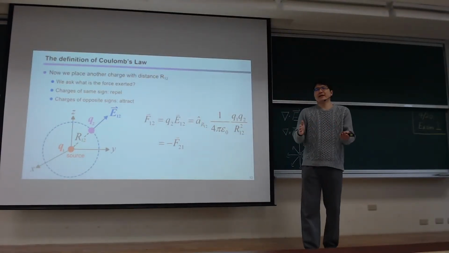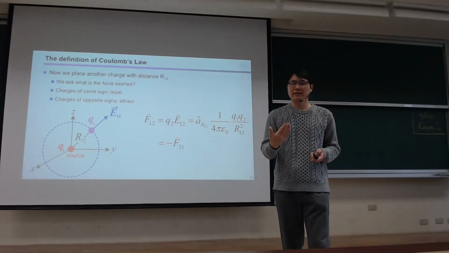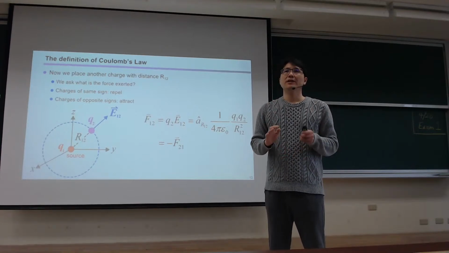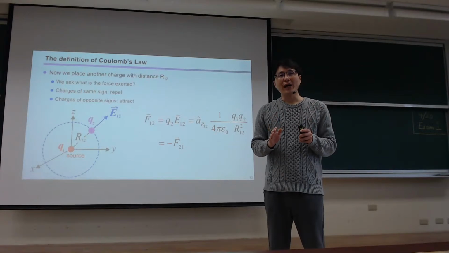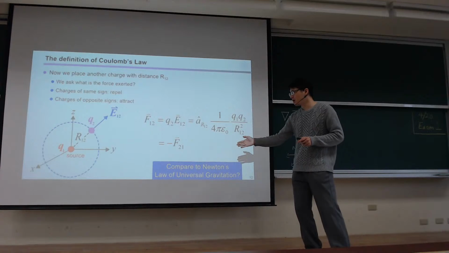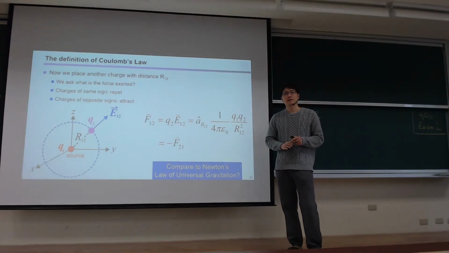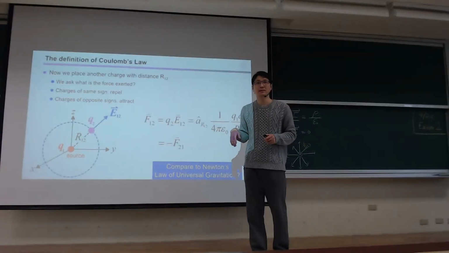So this is really, again, nothing new. But what I'm trying to say is, Coulomb's law is really the direct analogy of Newton's law of universal gravitation. So now try to refresh your memory. You must be scratching your heads.